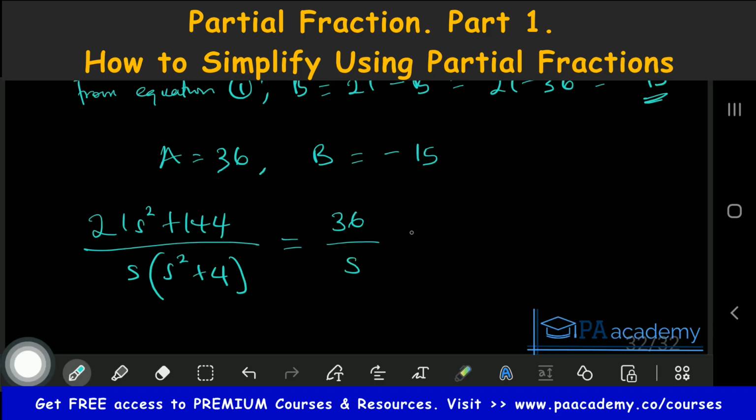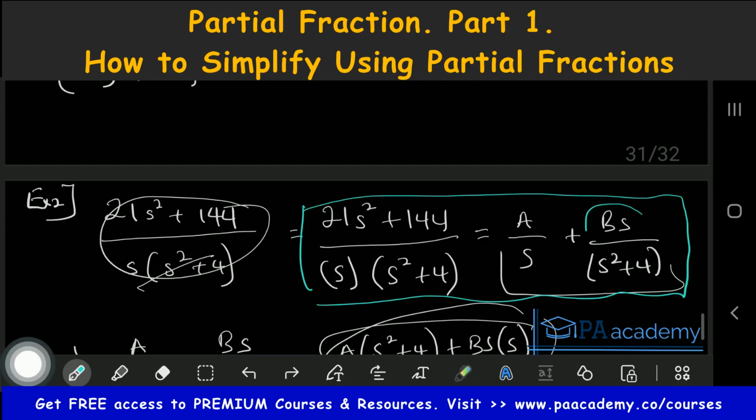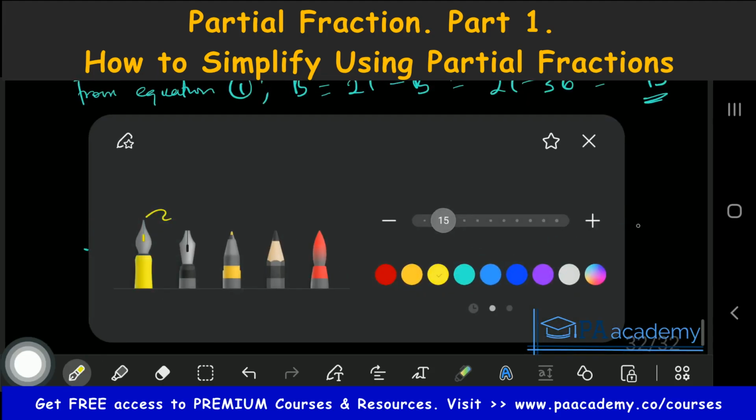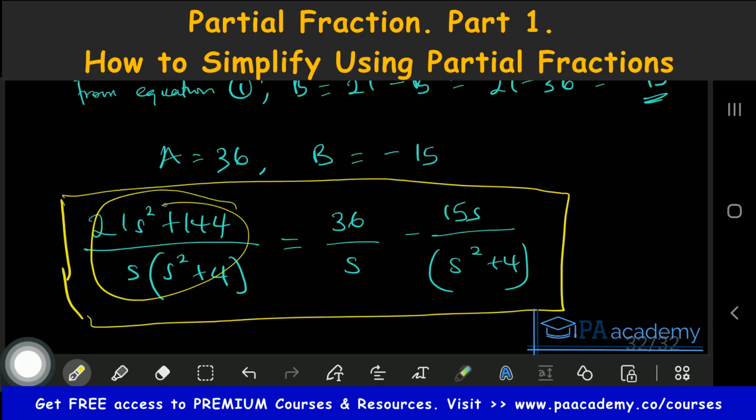So since there's a negative here, minus 15s over s squared plus 4. All right, so you can see this bs. We already know our b, so we can go ahead and add the s before it. All right, so this right here is the solution to that question if you are to resolve it using partial fraction. All right, this right here will give us this in partial fraction.